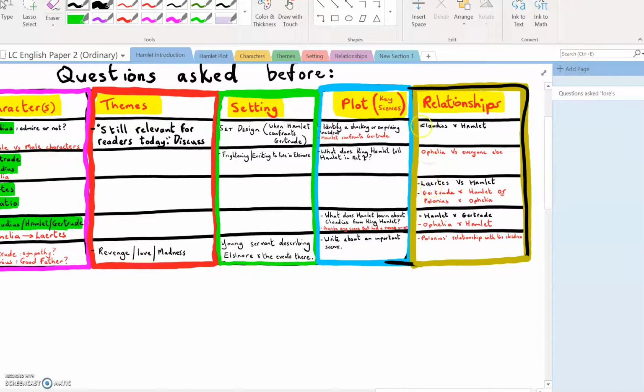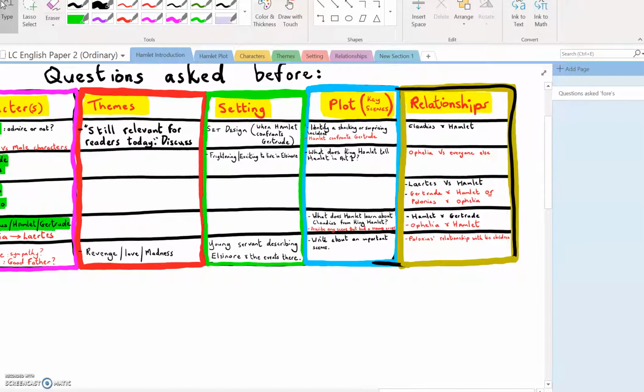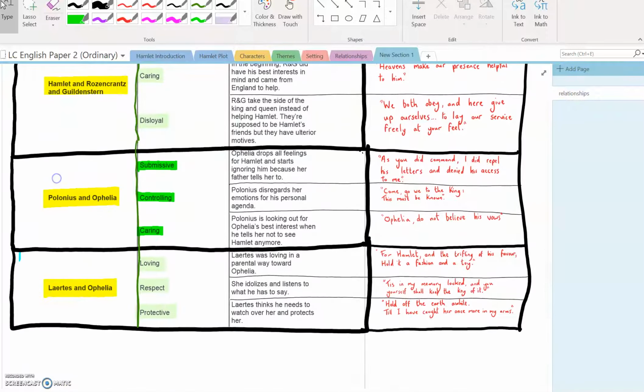Claudius and Hamlet came up in 2017, so maybe they might not ask it again, but you never know. So focus on the ones that have been asked before, look at the ones that haven't, and go over all of them and make sure you have a firm grasp of the relationships and the quotes that go with them.